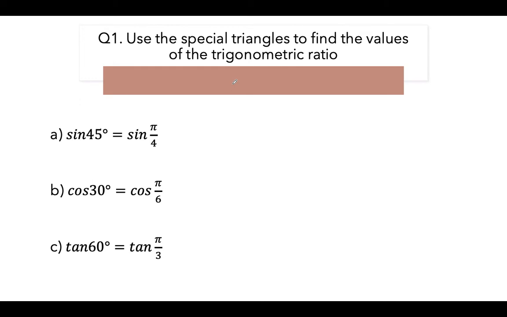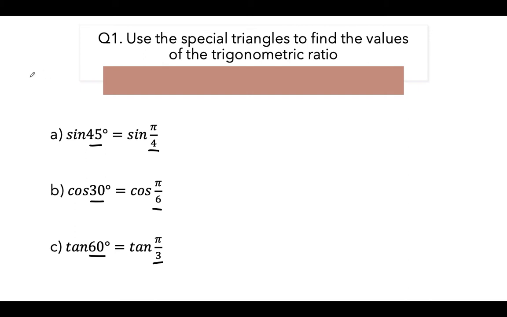Okay, so let's do a quick review. Use the special triangles to find the values of the trigonometric ratios. In the question, there are two angles that are shown. So remember 45 is pi over 4, 30 degrees is pi over 6, and 60 degrees is pi over 3.